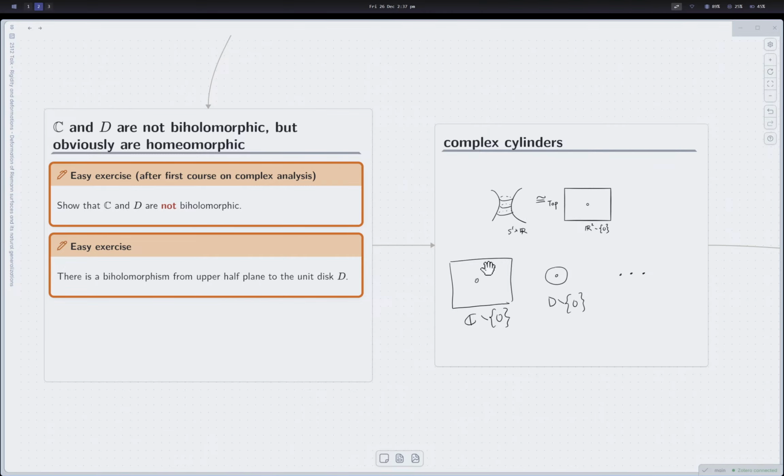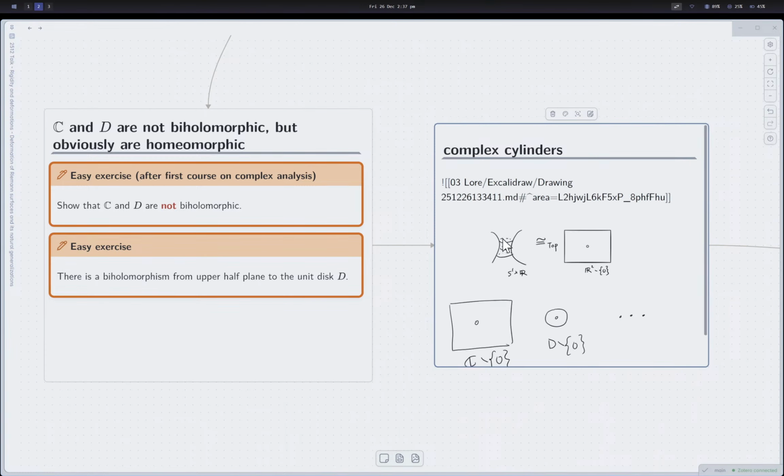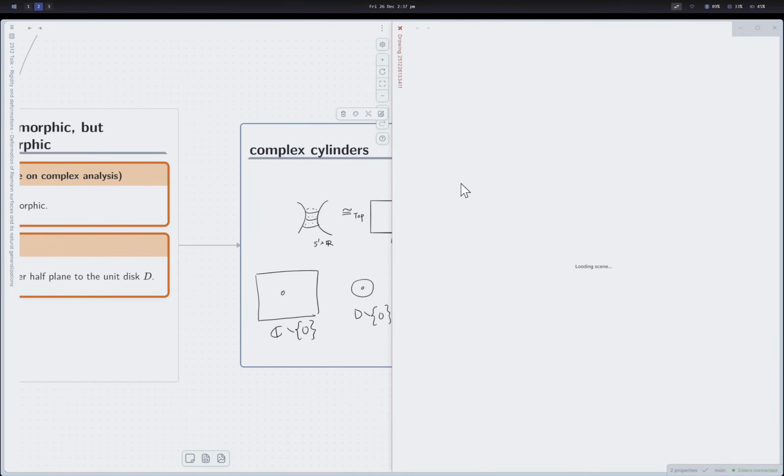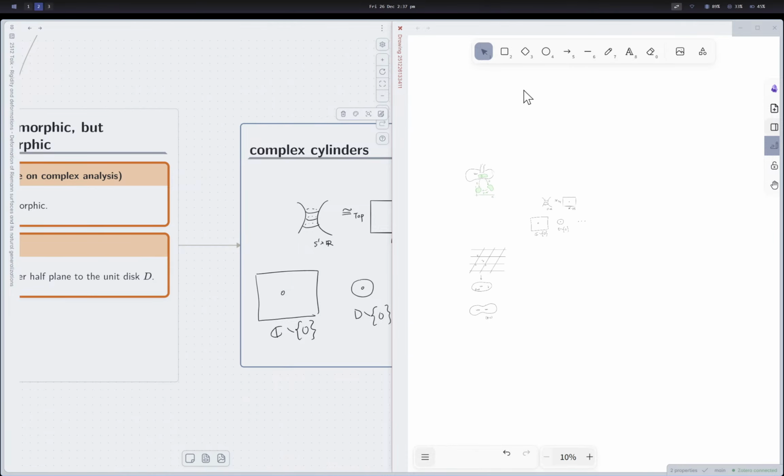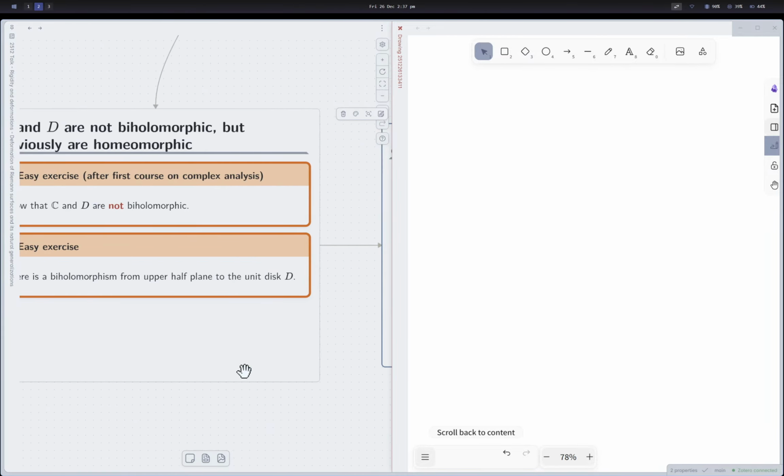And it is also an easy exercise to show that there is a biholomorphism from the upper half plane to the unit disk.